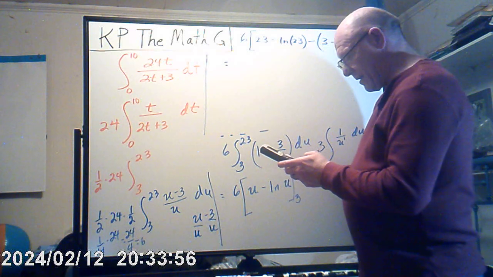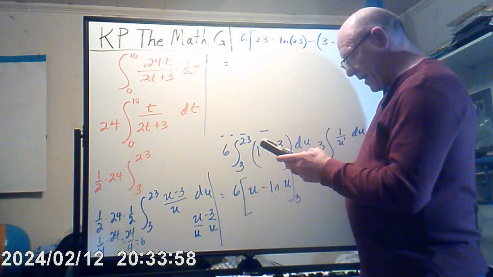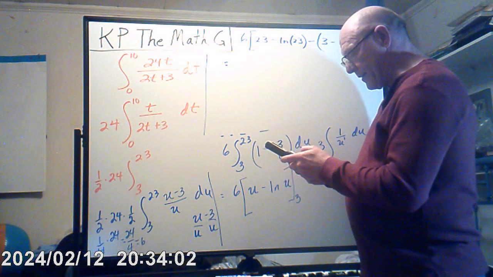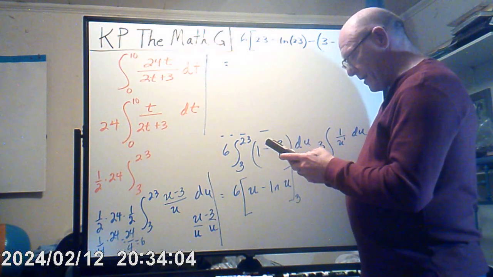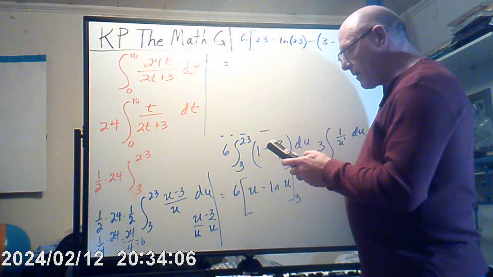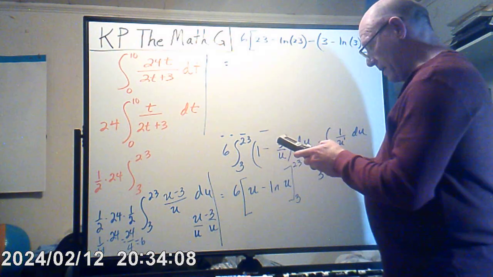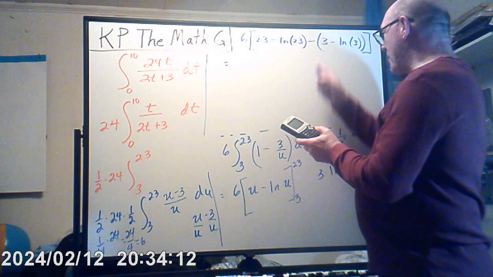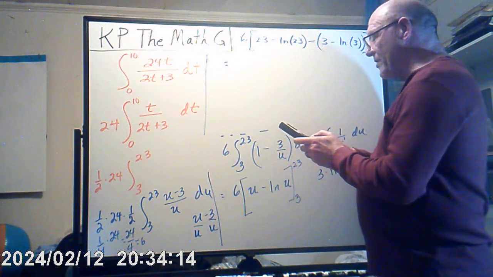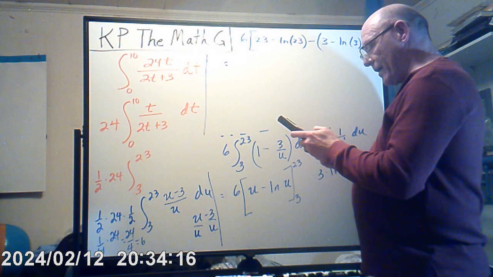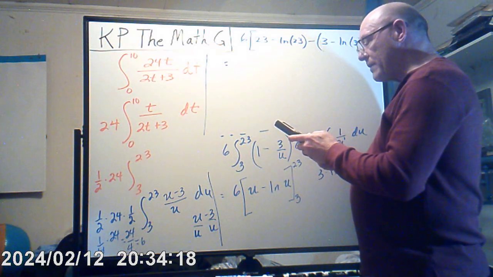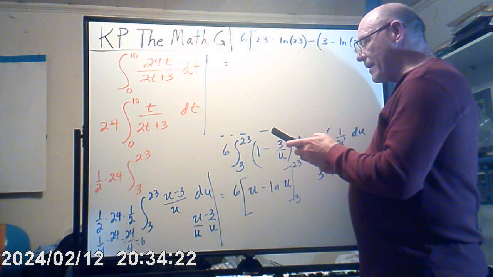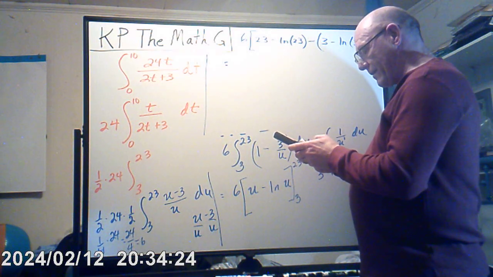I'll multiply by 6 last, so 23 minus ln of 23, minus 3, and minus a negative is plus, so plus ln 3, and then we'll hit equals, and then times 6.